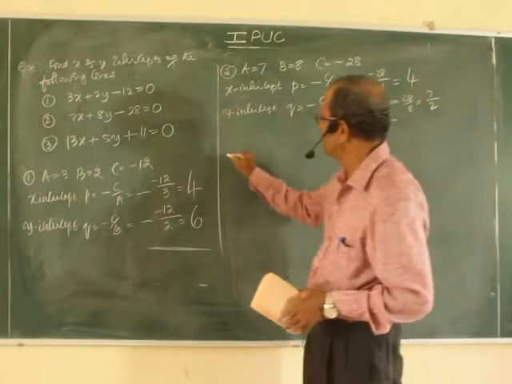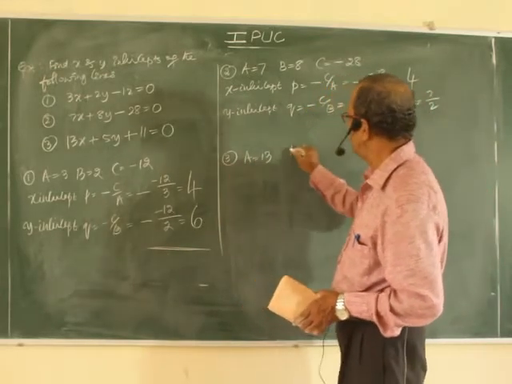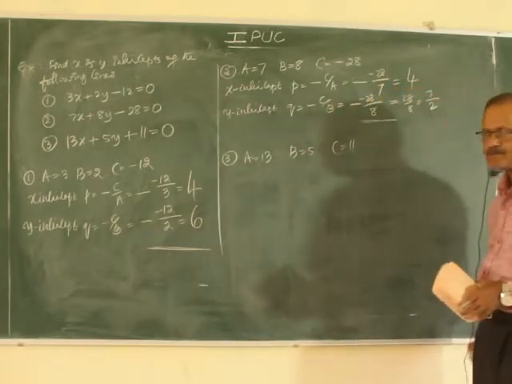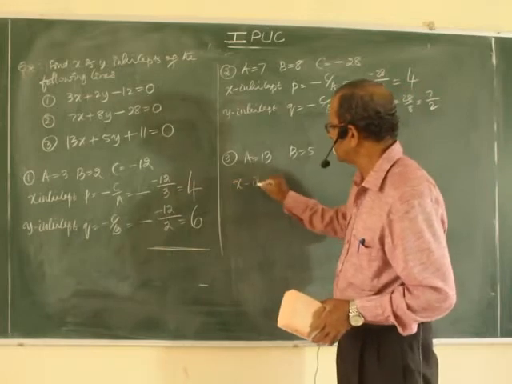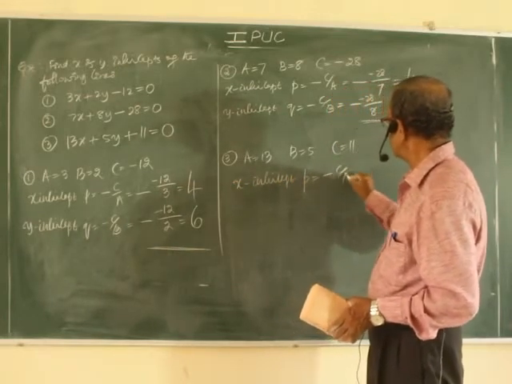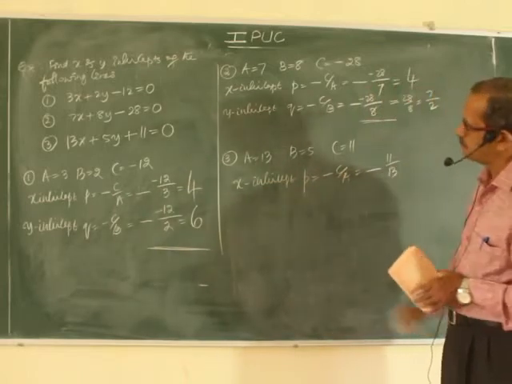And the last one, third one, a equal to 13, b equal to 5, c equal to 11. X-intercept p equal to minus c by a, minus 11 by 13.